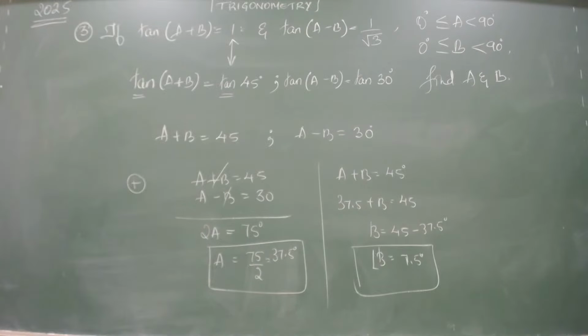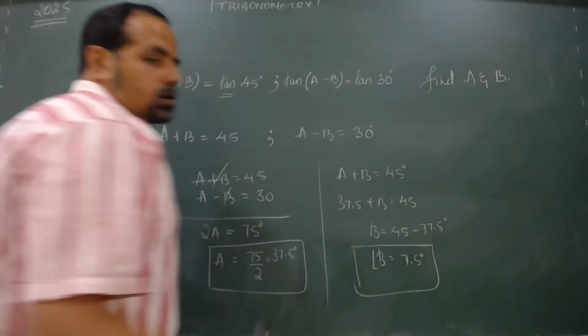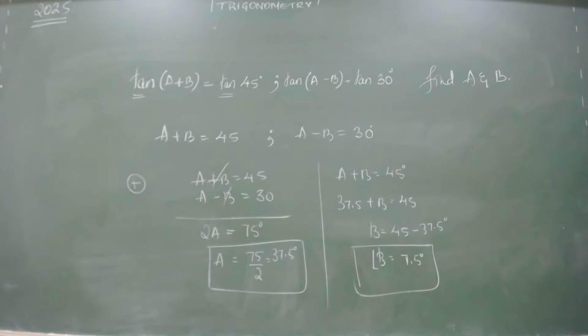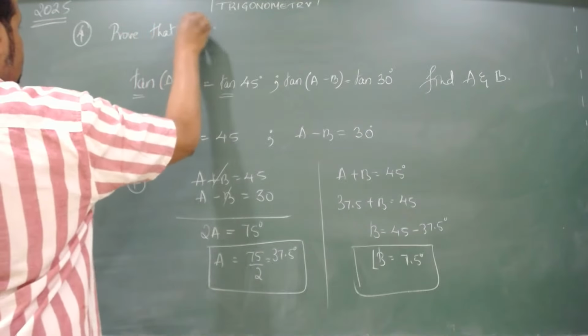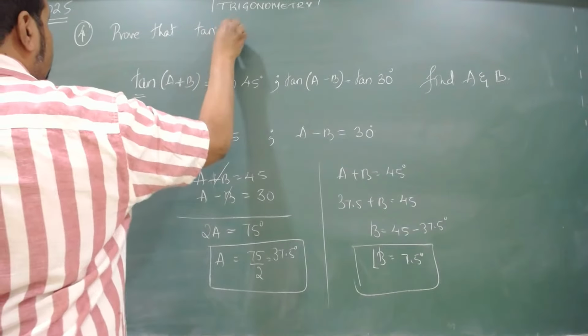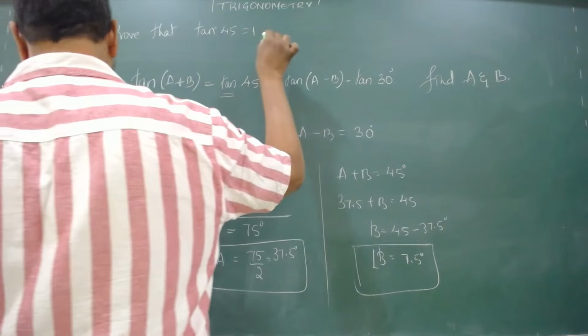Next question. Before proceeding to the next question, make a note. Question number 4. Prove that tan 45 is equal to 1.